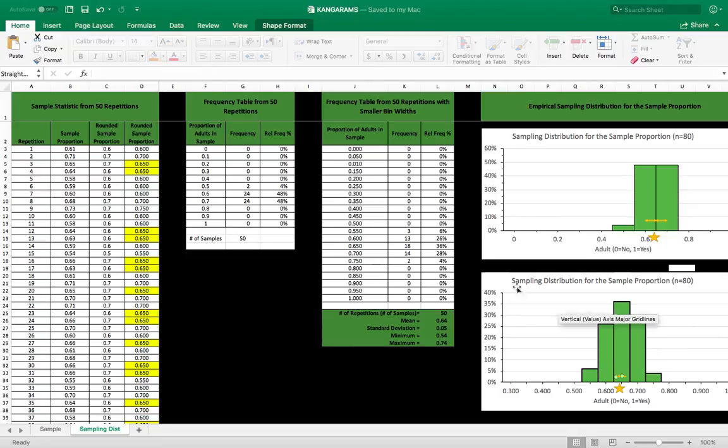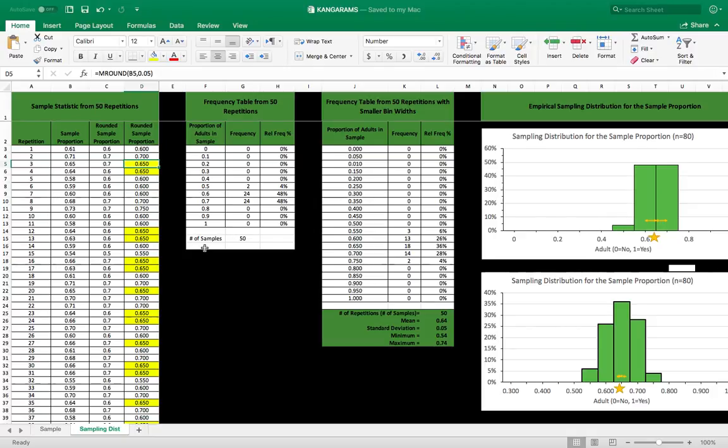The value percent is 36%, and the frequency is 18, so it popped up 18 times over here in column D. I highlighted each cell that has 0.650 as its value in yellow so it'd be easier to count.